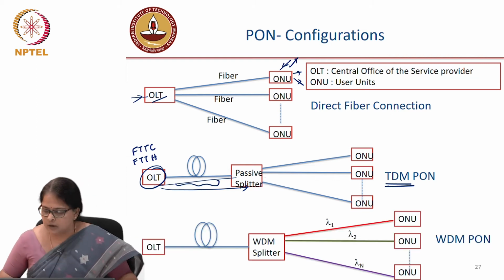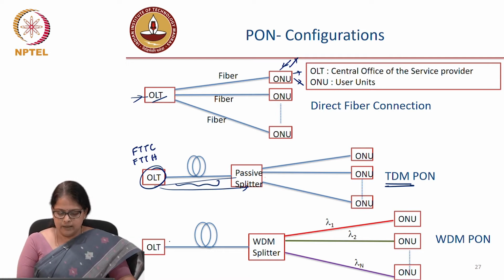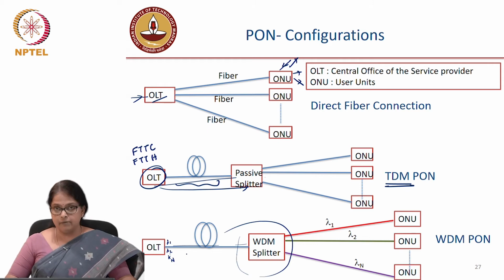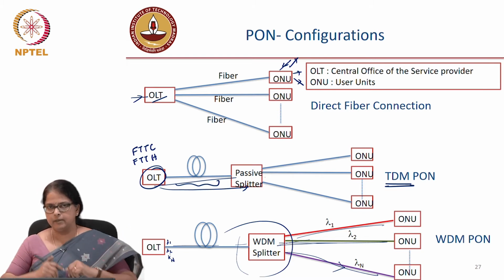You could also think of a situation of a WDM PON, where the OLT actually transmits all the colors, lambda 1 to lambda n, through the fiber, and then you can think of a WDM splitter like an arrayed waveguide grating, which will split out different colors, and each ONU will be serviced by a specific carrier frequency, which is what we are calling a color, and then the bandwidth need not be shared in time division multiplex. It's like a wavelength division multiplexed bandwidth.